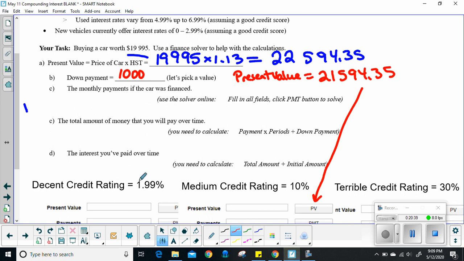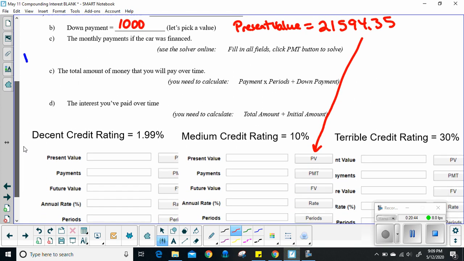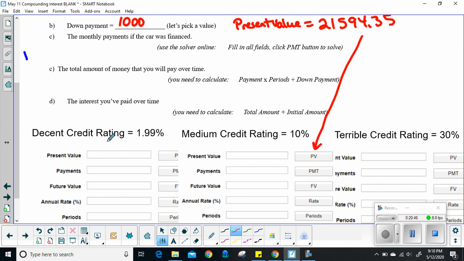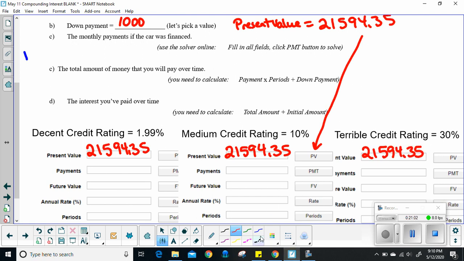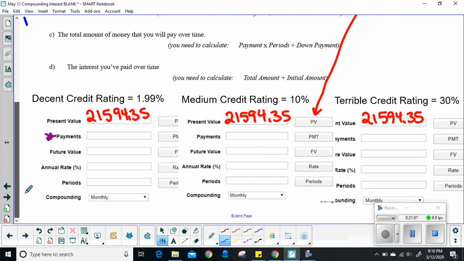We're going to use the solver with a couple of different interest rates just to see what this really means for us as a purchaser. Our present value is $21,594.35, and that's going to be the same all the way across, because that's what the vehicle costs. We're going to calculate our payment. We're going to assume a future value of 0 because that means we've paid it off.